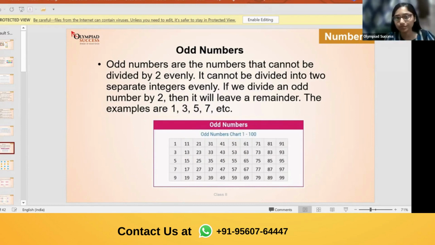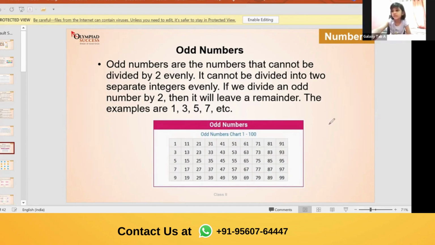Okay, Ayansh. 11. Krishna. 31. 41. Mishika. 43. Great. Shriyan. 89.